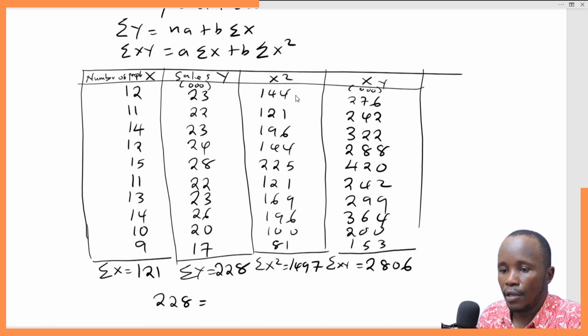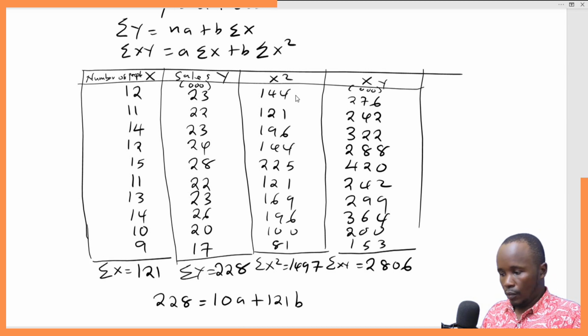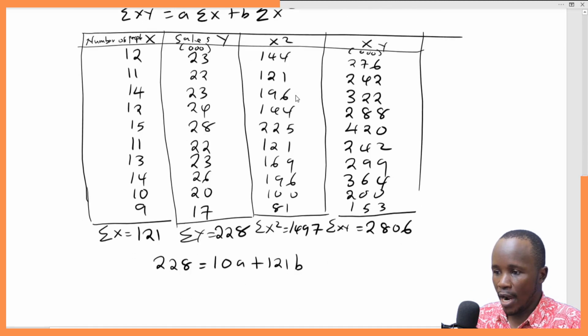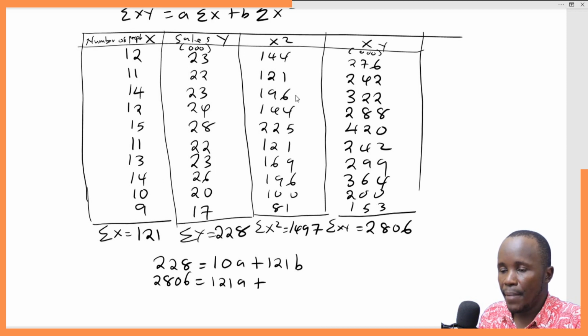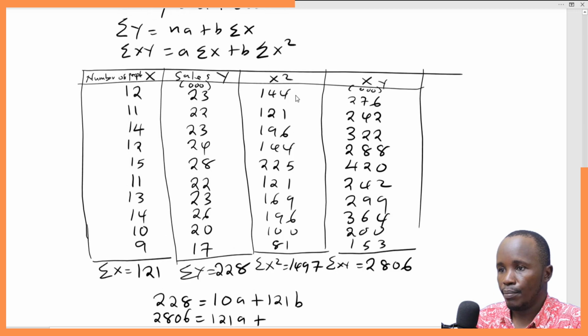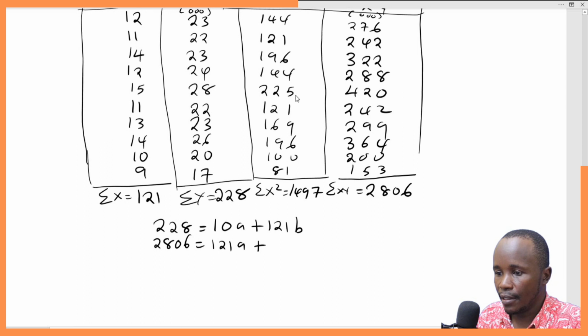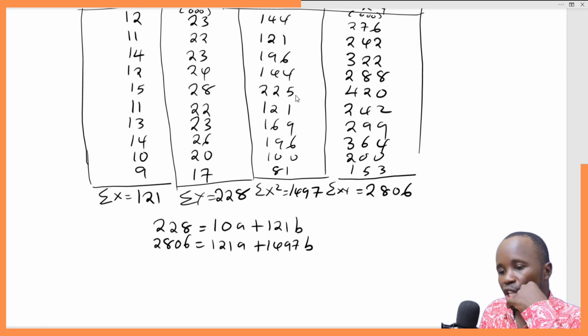So n is 10. 10a plus summation of x, 121b. Then summation of xy, 2806, is equal to 121a plus b summation of x squared, 1497b. I solve this simultaneously.